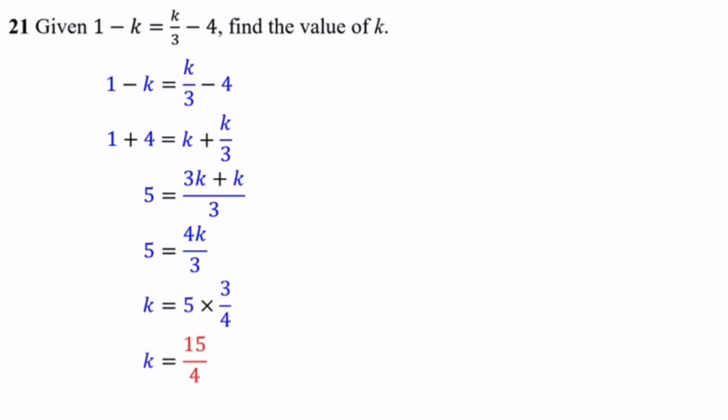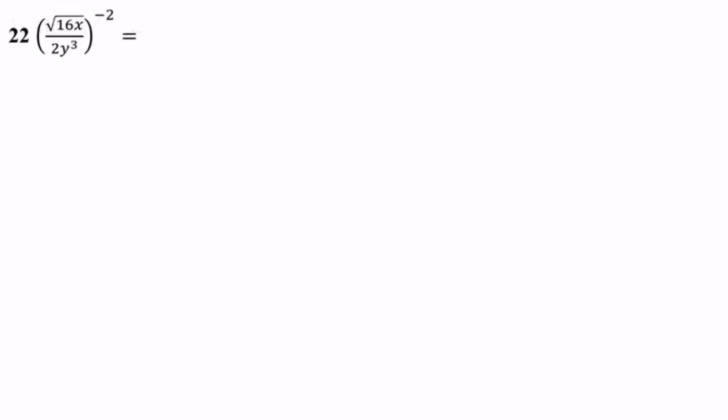Now let's study the indices that you learned in Form 3. Okay, maybe some of you have forgotten. So in your SPM exam, you'll be tested on all the basics from Form 1 to Form 5. So first of all, when you see indices with a negative power, we will make it positive.